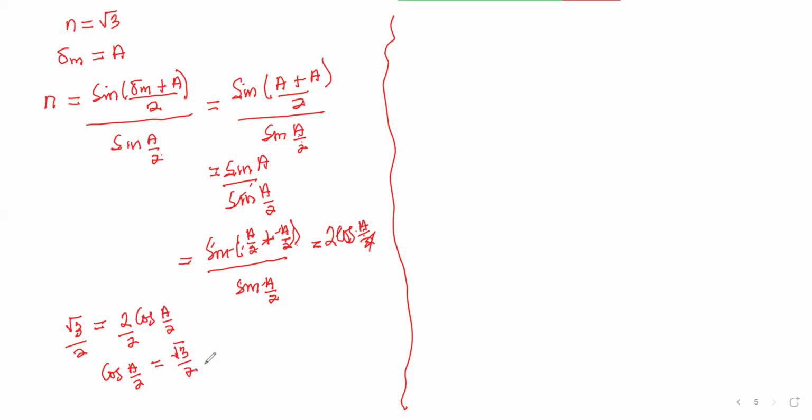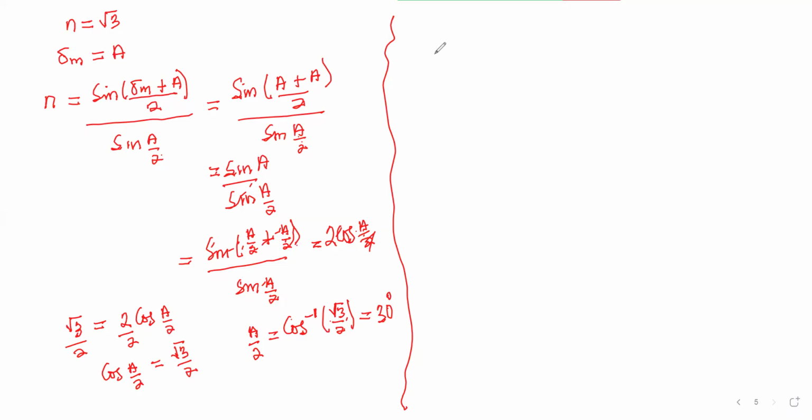What is the cos inverse of root 3 on 2? 30. Good. So this will give us 30 degrees.